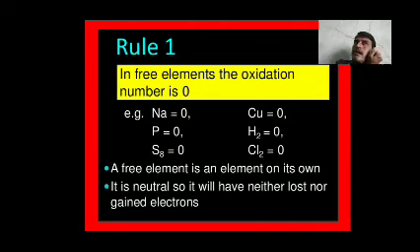Atoms that are not combined with another atom have oxidation number 0. For example, sodium, phosphorus, copper: oxidation number 0.